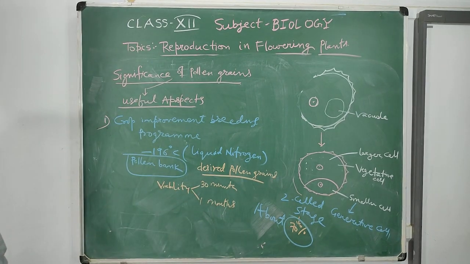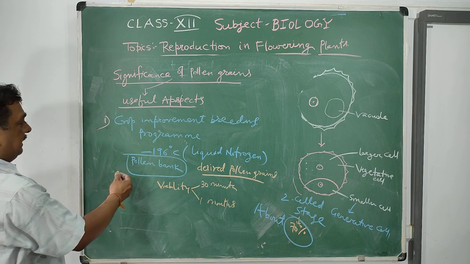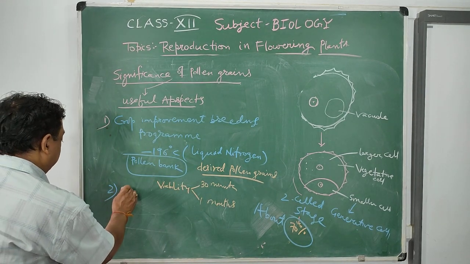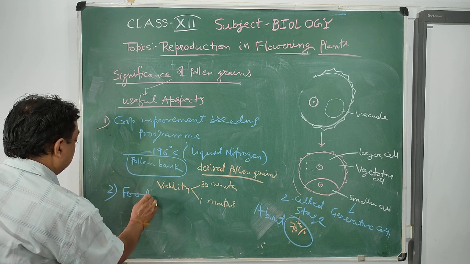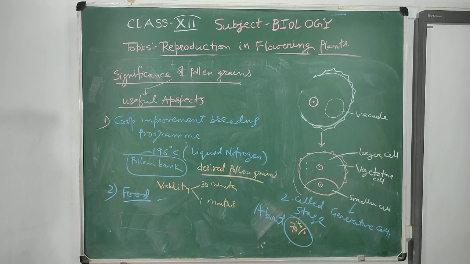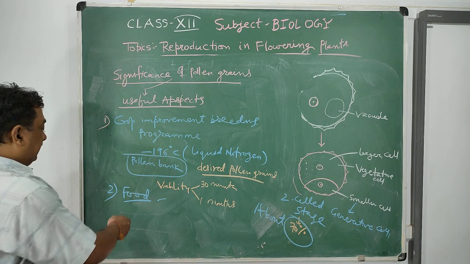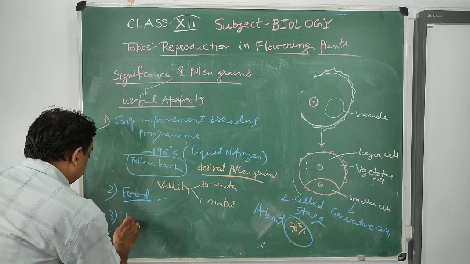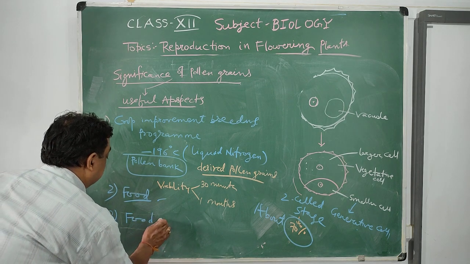So it is very essential to store pollen grains for crop improvement programs. Pollen grains are also very useful as food. Many athletes, horses and sports persons use pollen grains or nectar as food. Pollen grains may be used as food supplements in the form of tablets.